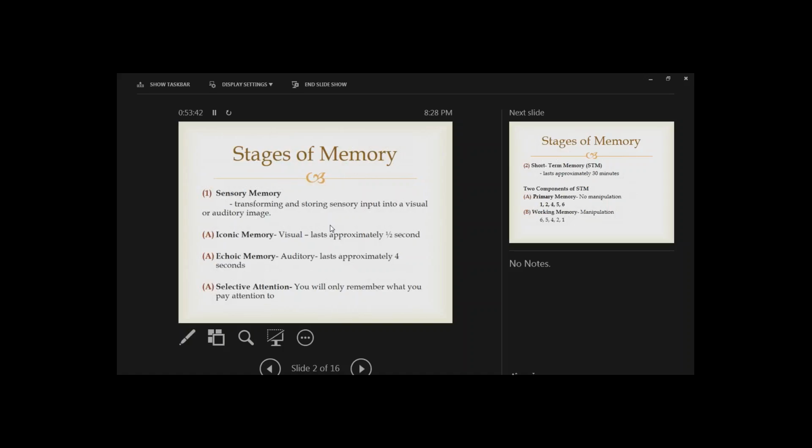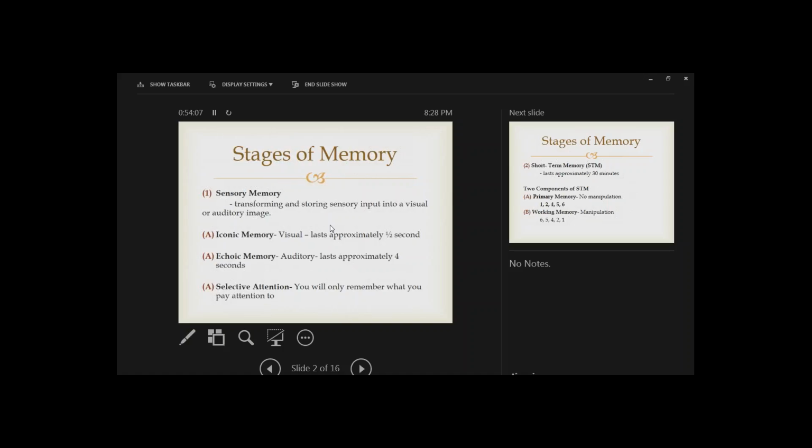So one version of memory that you may see that is part of sensory is iconic memory. So how I want you to remember that is an icon on your computer. It's a snapshot of what that program is, right?